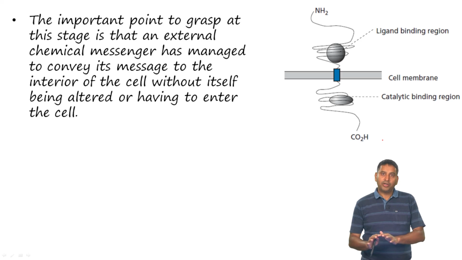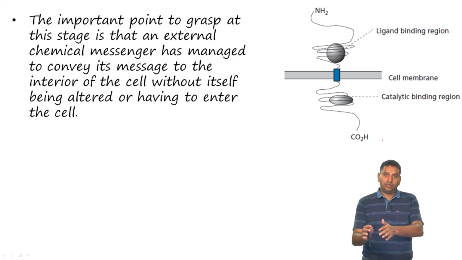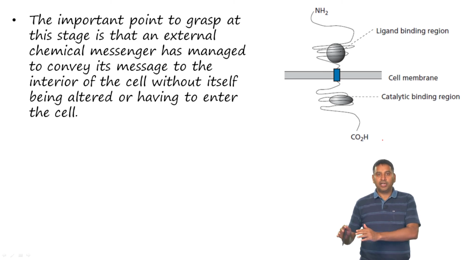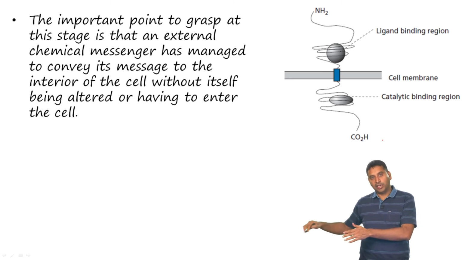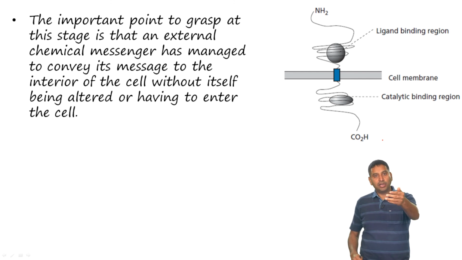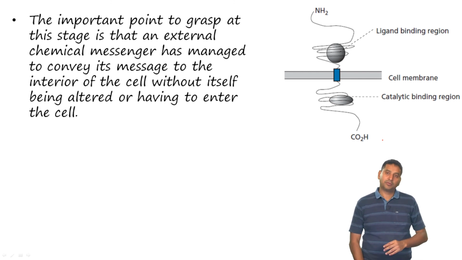The important point here is that an external chemical messenger has managed to convey its signal or message to the interior of the cell without the messenger getting into the cell or without it being altered.